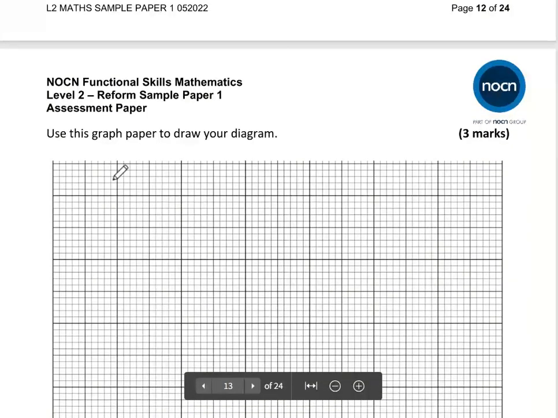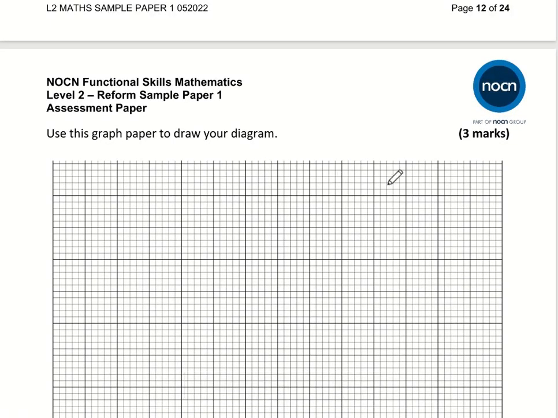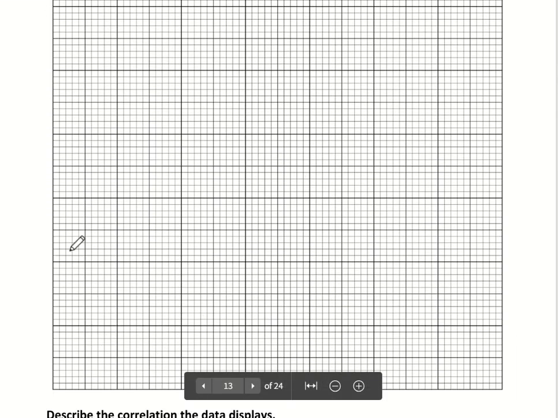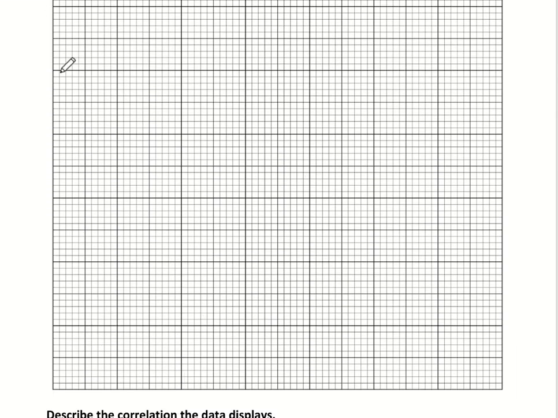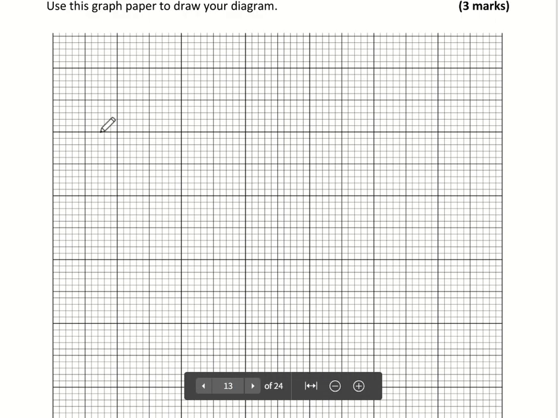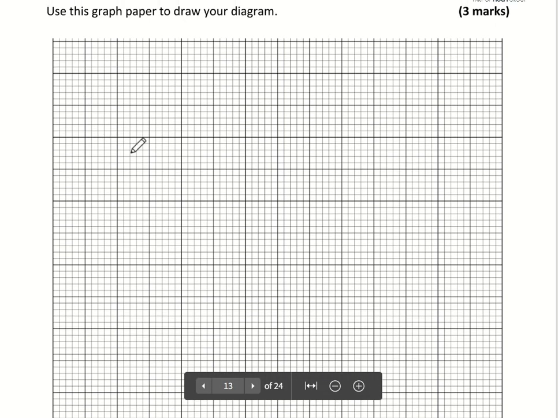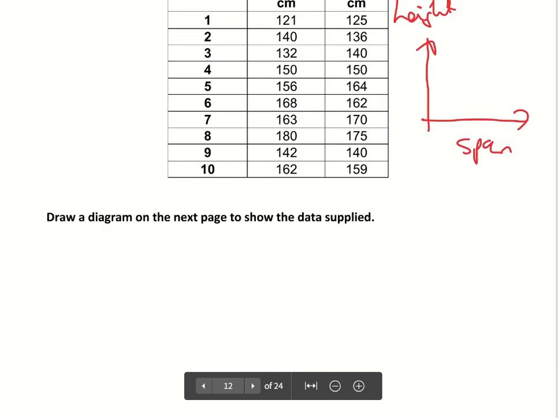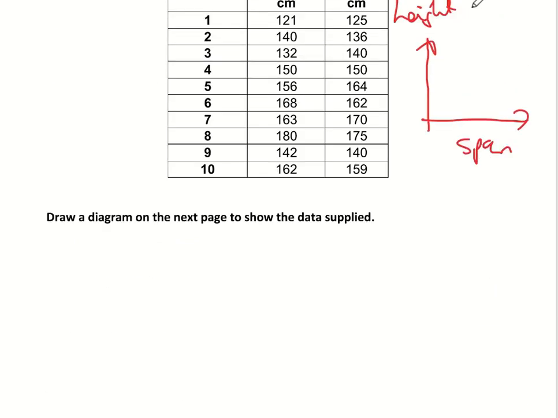So it's 2, 4, 6, 8, 10, 12, 14 across, and 2, 4, 6, 8, 10, 12, 15 up. So 15 up and 14 across.